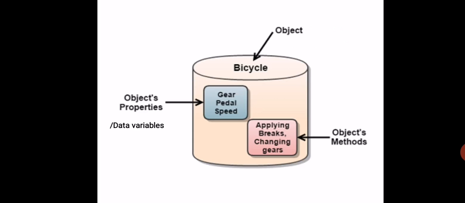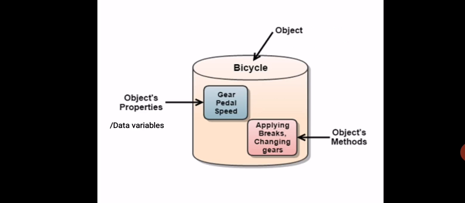Next, consider an object like a bicycle that contains properties like gear, pedal, speed, etc. And it has some methods like apply brakes, changing gears, etc. So the entire object contains both data as well as some methods.